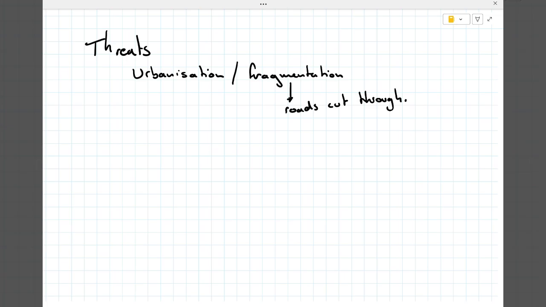You've got over burning on some areas, and this can increase the amount of grass, and you get less heather because it's done too frequently. You can get overgrazing.